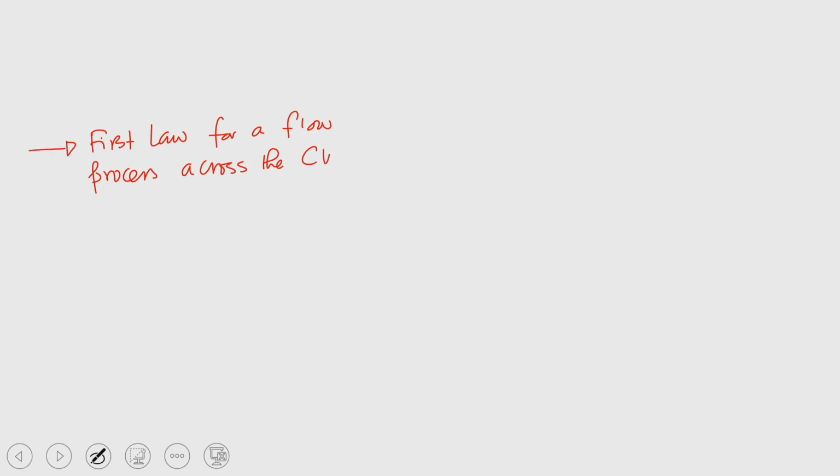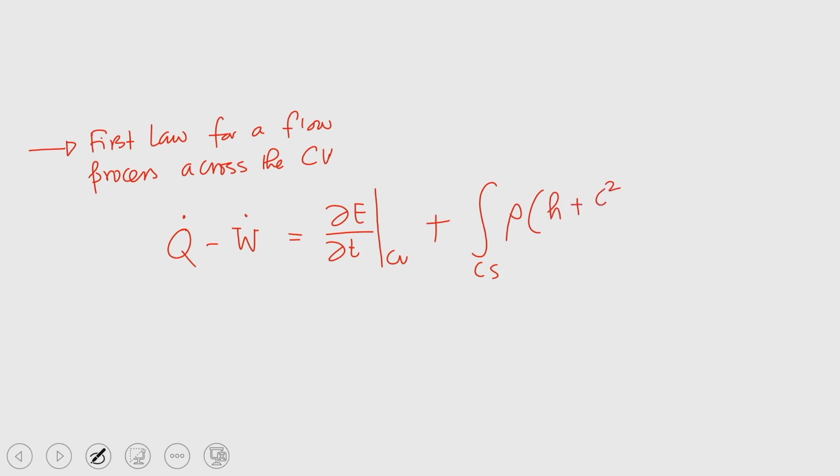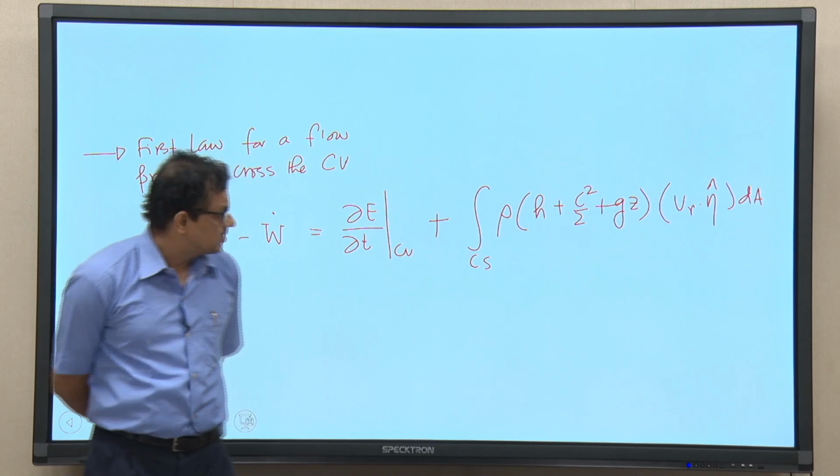In fact, in the last class we have derived the expression, that is Q dot minus W dot equal to d/dt of CV plus the flux term, what we have written in the last equation. This is what we have written in the last class.